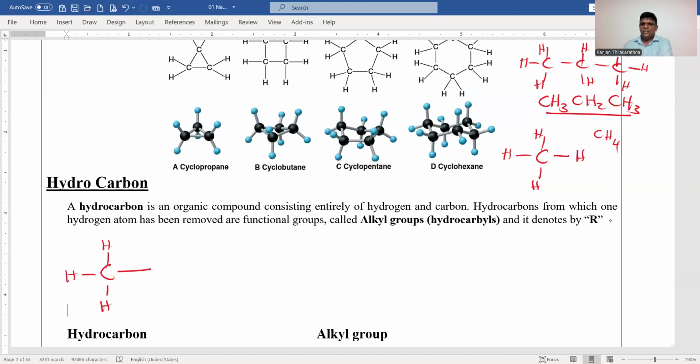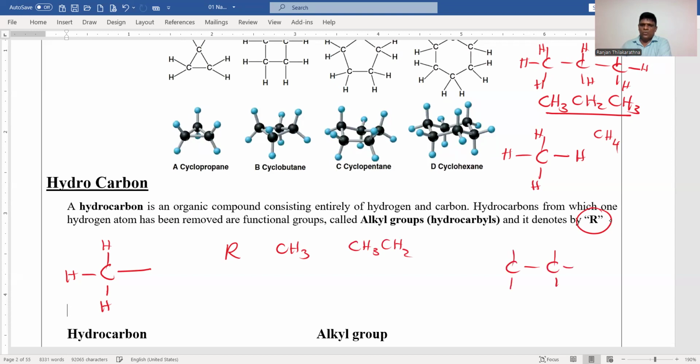And it is denoted by R. R may be any alkyl group. It may be CH3, or it may be CH3CH2.